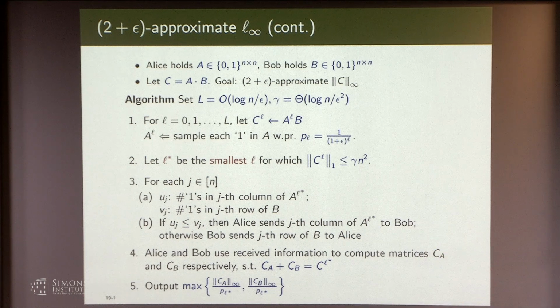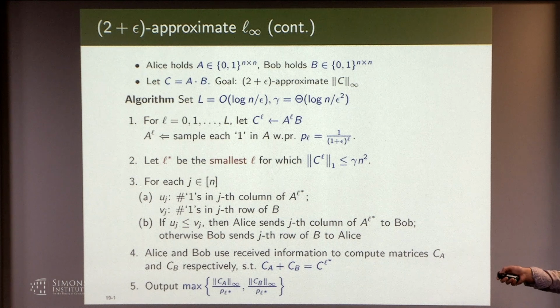So it's almost linear. Then Bob does local computation. Bob has all the CL, C1, C2, C3, so he can find L star, the smallest L for which the L1 norm of CL is no more than gamma times n squared. Then we focus on this particular level L star.